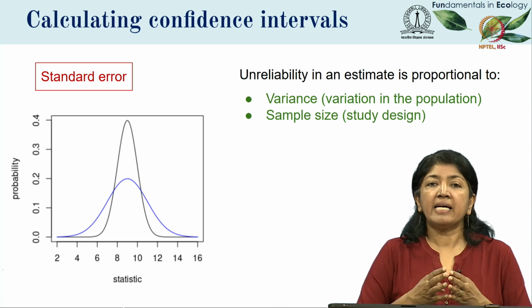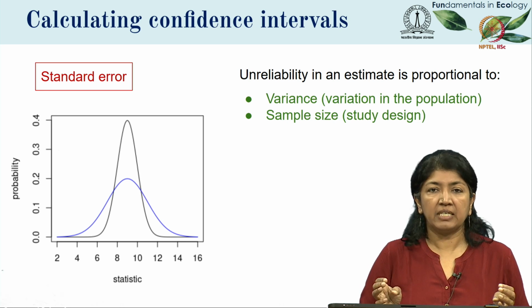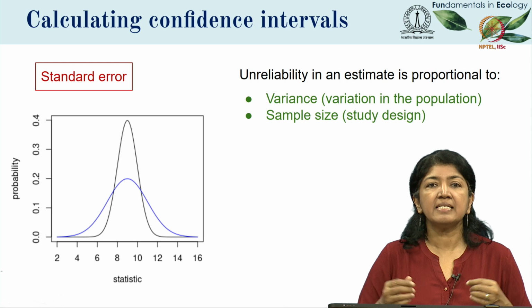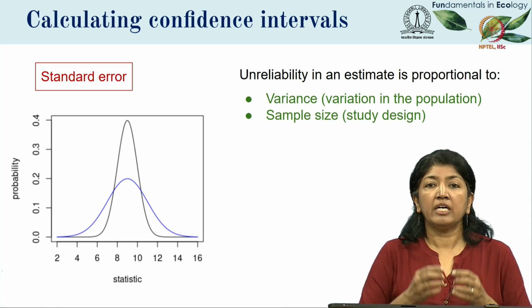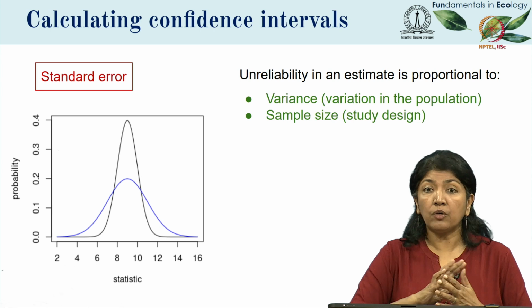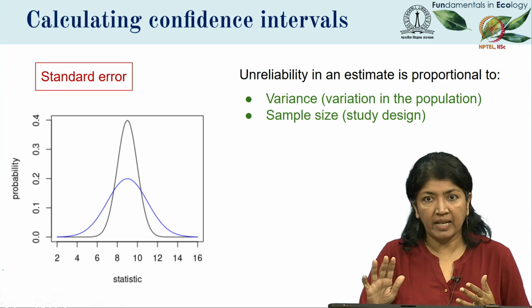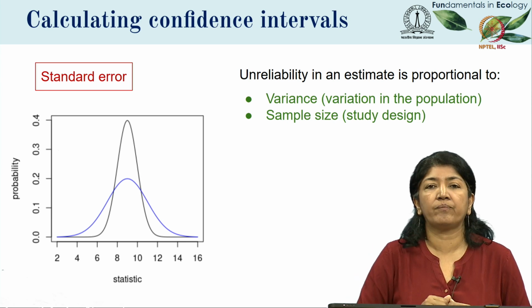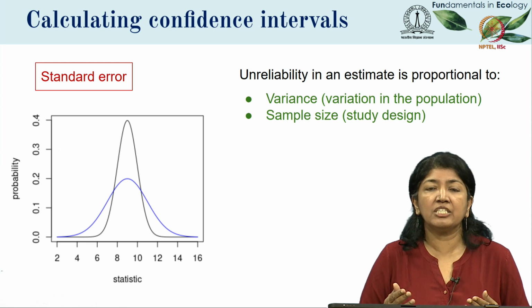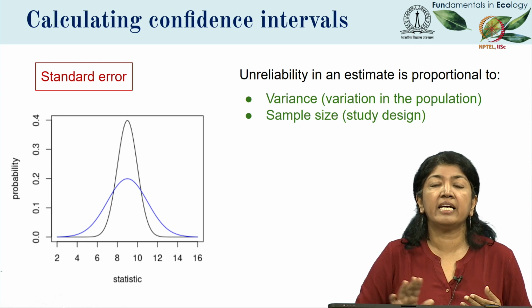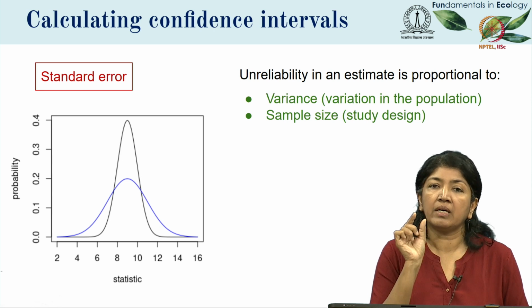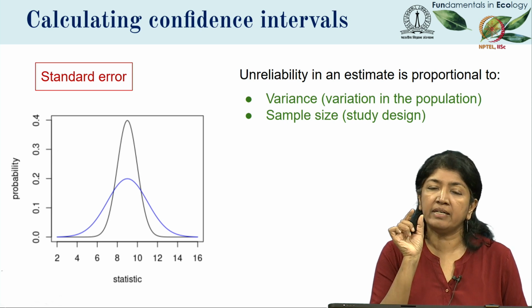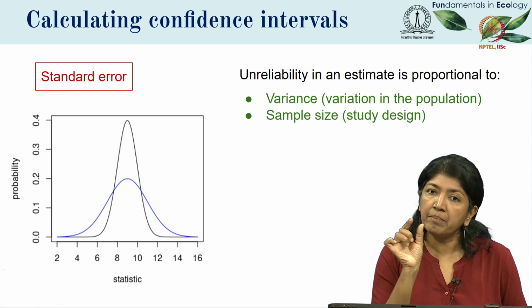So, as the variation in the population increases, variance increases and our standard error will increase. If our sample size is small, then we do not cover that variation well and so our precision is low. If our sample size is large, then we cover the variation in the population well and we are able to estimate the quantity of interest very precisely.